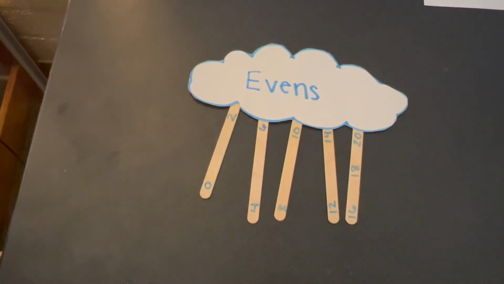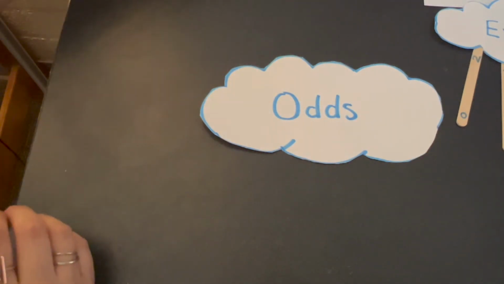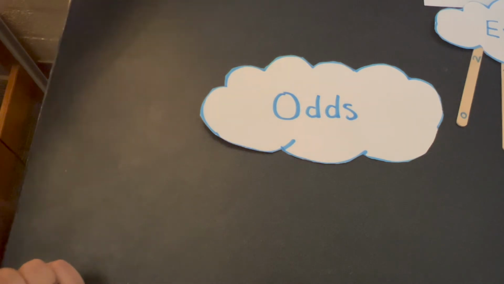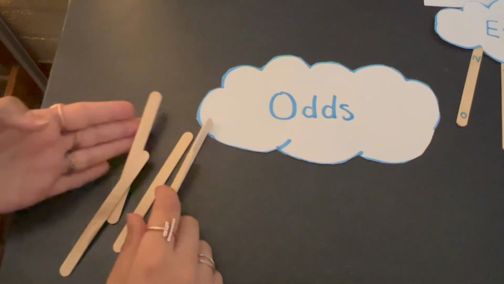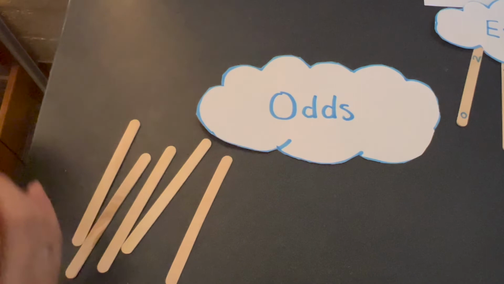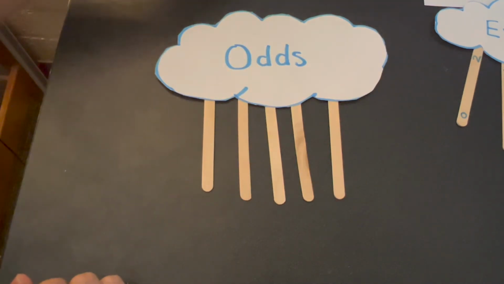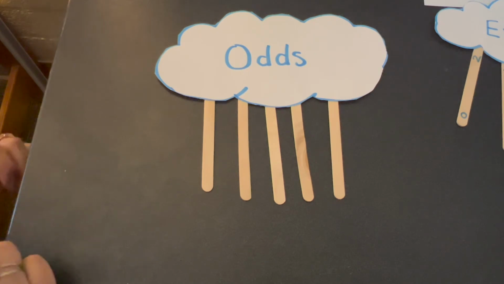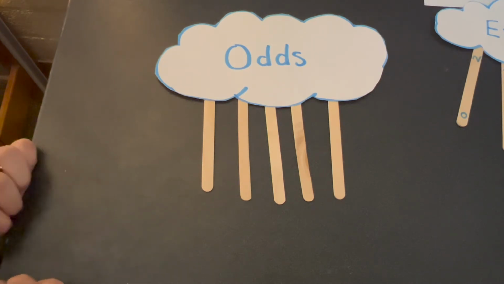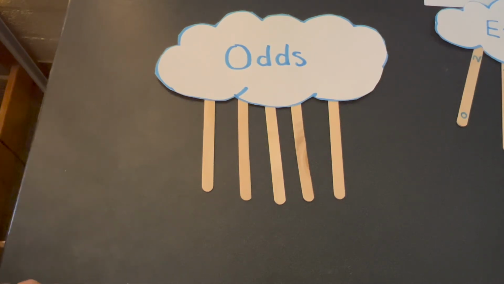Now we are going to repeat this with our odds cloud. So take your cloud, take your 5 popsicle sticks, and tape them onto your cloud like we did with our evens. Now that we have that done, we are going to do the same thing. Write your numbers 0 through 10, which ones are odds.